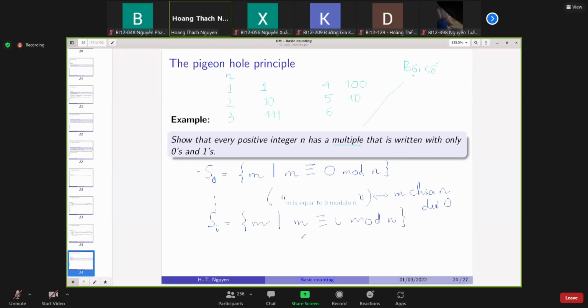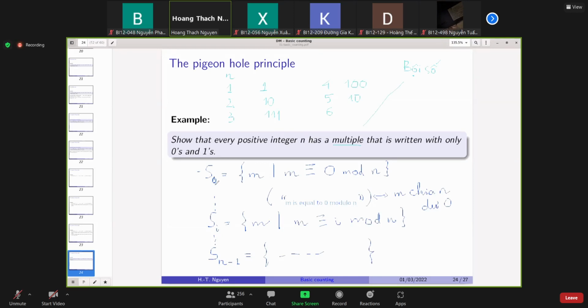Since if we look at the divisions by n, the possible remainders will be the numbers from 0 to n minus 1, in total we will have n pigeonholes.